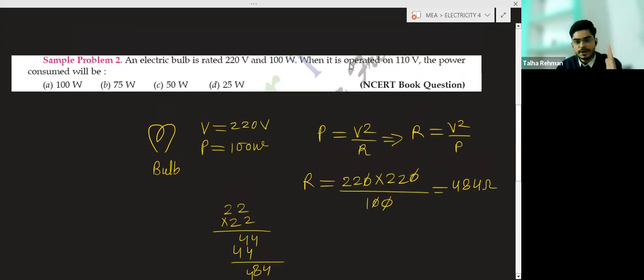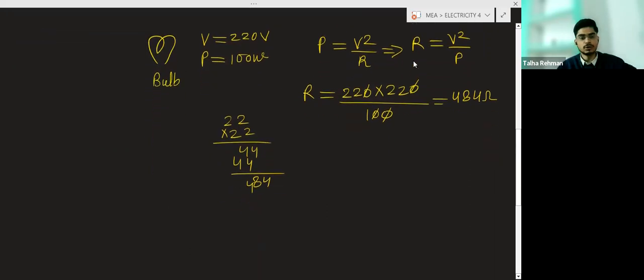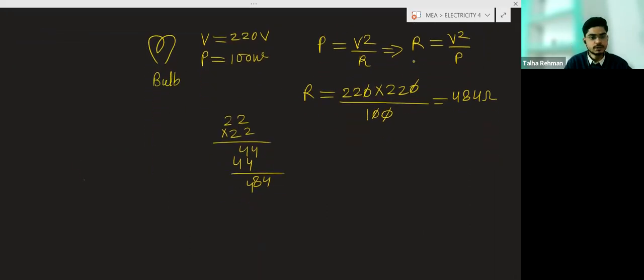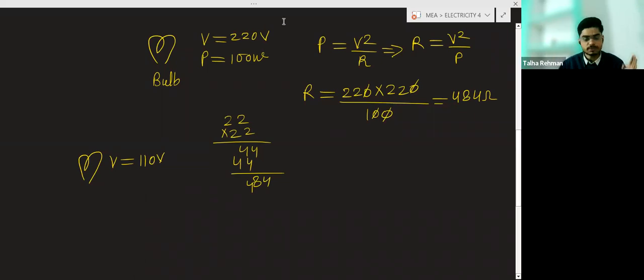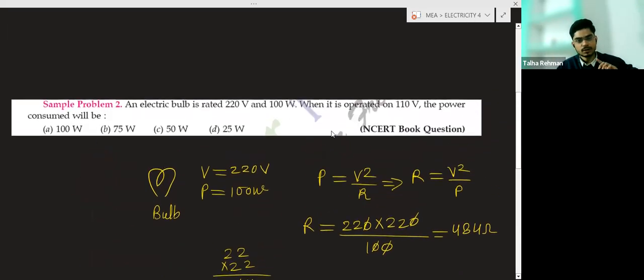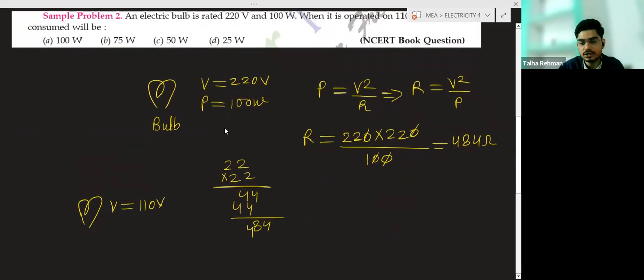Now this bulb is operated on 110 volt, which means the supply voltage to this bulb is 110 volt. And they are asking for the power consumed.